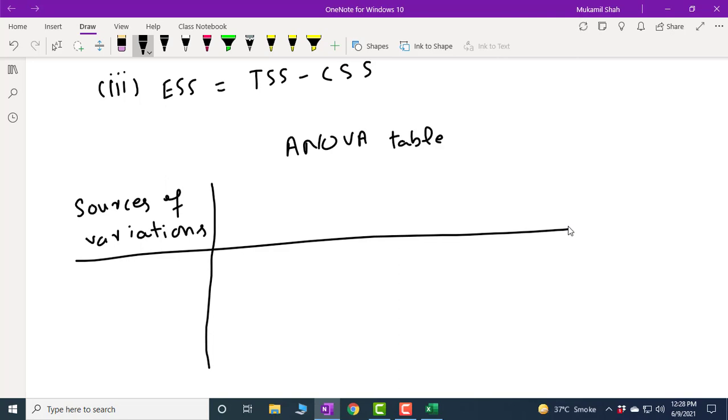The second contains degree of freedom. The third contains sum of square.